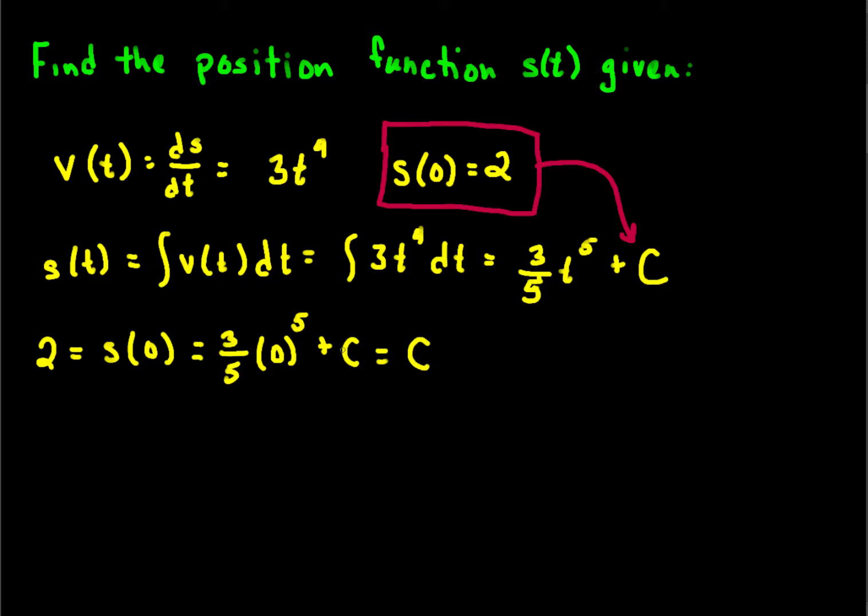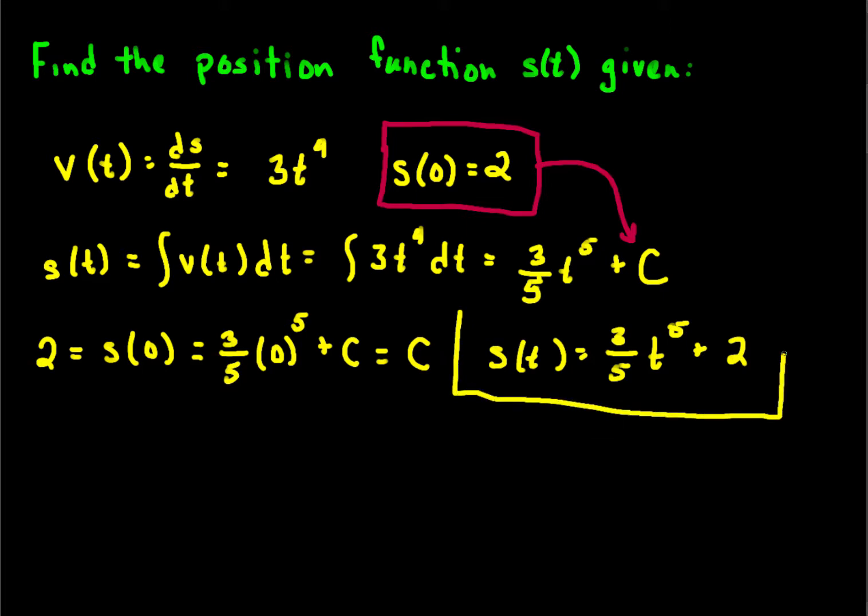So now we know the constant is 2, and we could say that s of t is equal to 3/5 t to the fifth plus 2. Now given the velocity and a particular location of our function at 0, we know that the position function has to be 3/5 t to the fifth plus 2.